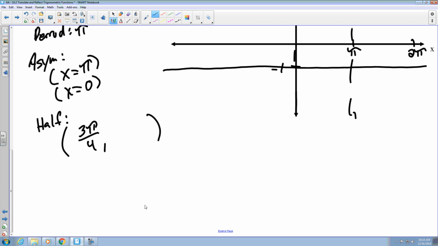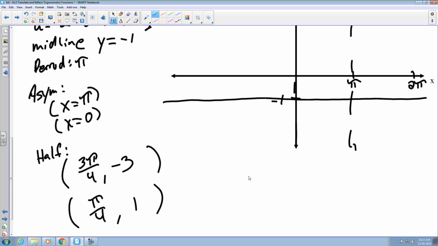So a is negative 2 and k is negative 1, so that gives me negative 3. So that's my first halfway point. My second halfway point comes from negative pi over 4b, which in this case will be negative pi over 4. Negative pi over 4 plus pi over 2 is positive pi over 4, comma, and then we get negative a, which would then be positive 2. Positive 2 plus negative 1 would be 1.